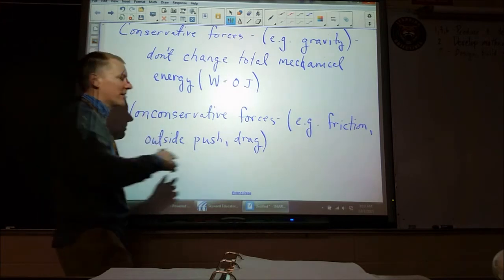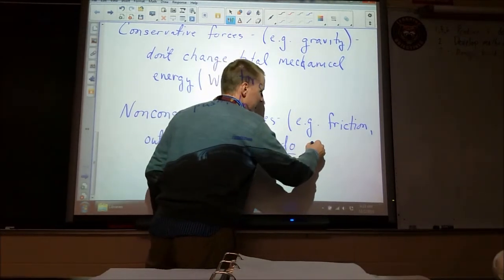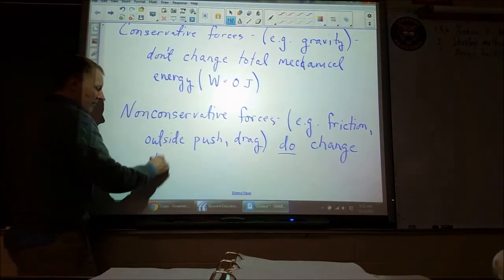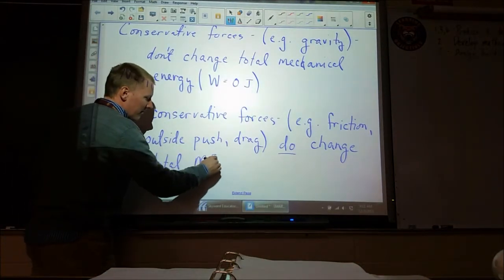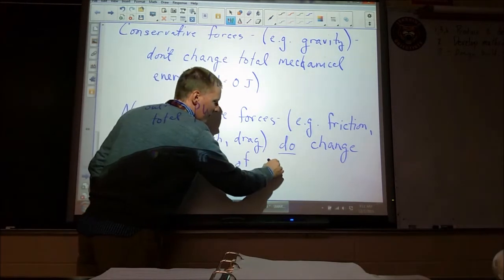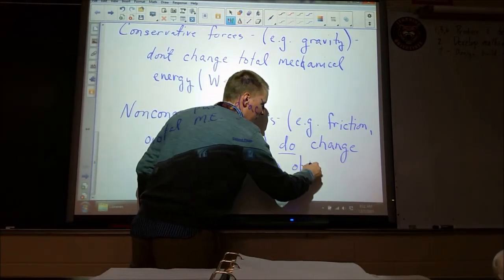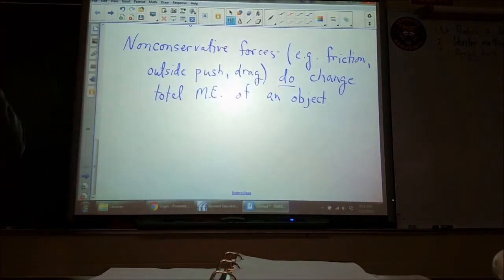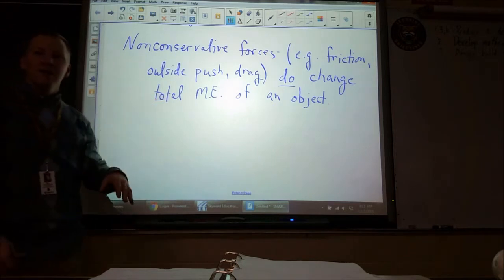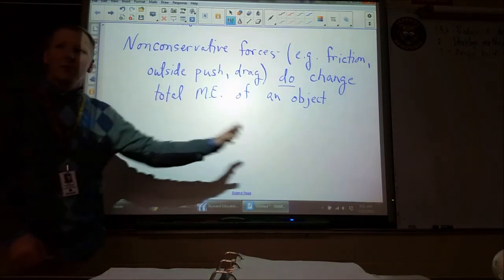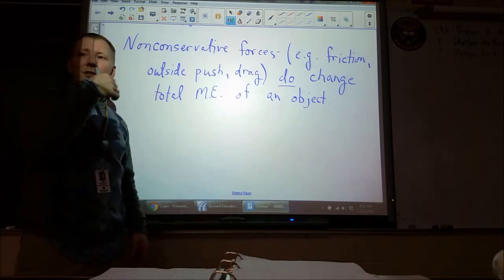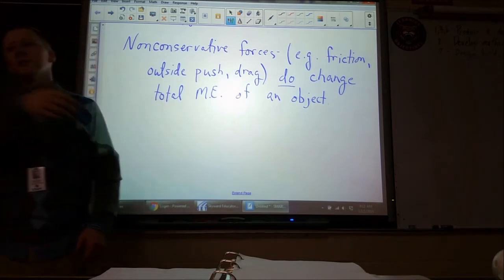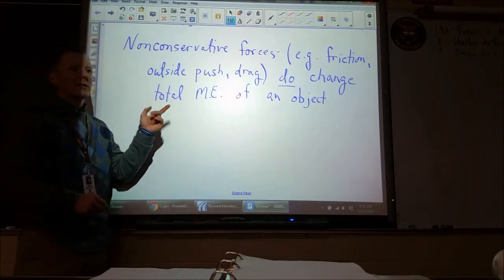They could add energy to it, or they could remove energy. So a good example is you push something across the table. You have a non-conservative force with your push. It moves. It changes that object's kinetic energy. But then it stops after a little bit because friction took it back out. Another non-conservative force. Do you have a question, Devin?